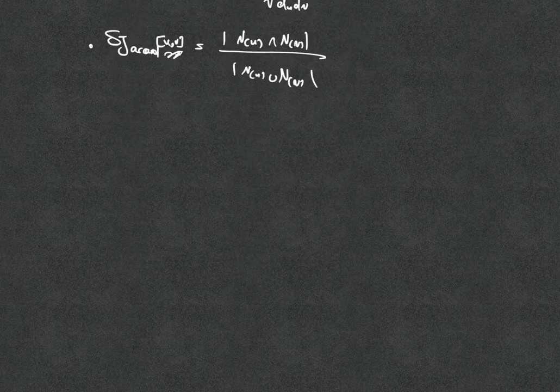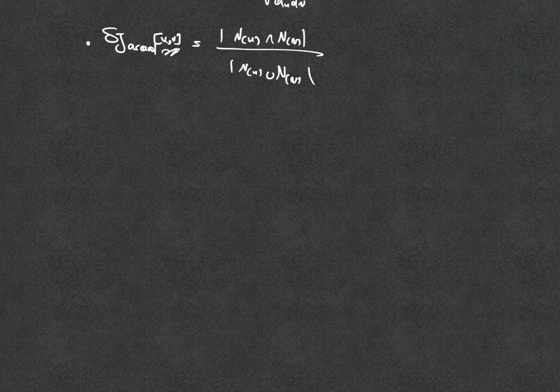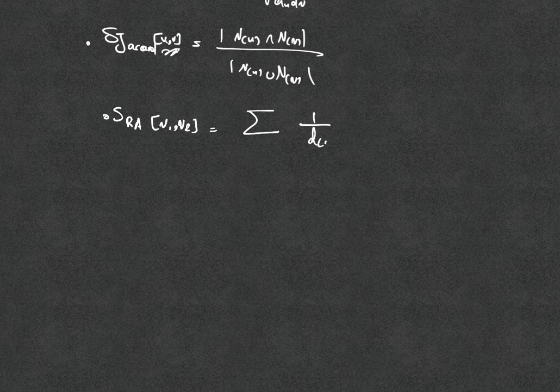So we talked about the resource allocation index, or RA index, when defined between v1 and v2, which was the inverse of the degree of u for every node that is both a neighbor of v1 and a neighbor of v2.